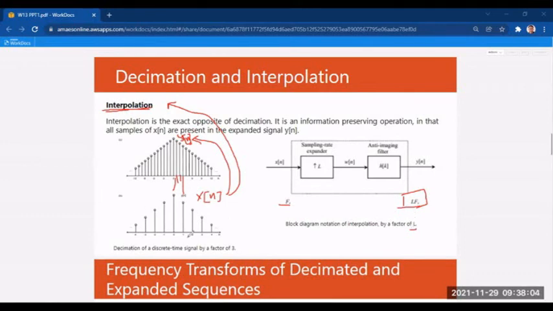So 3 over 1, that is our L. We multiply our sampling rate f of s by a factor of L. Again, in decimation, our sampling rate f of s is divided by a factor of M. So that's the difference. Decimation lowers the sampling rate. Interpolation increases the sampling rate.